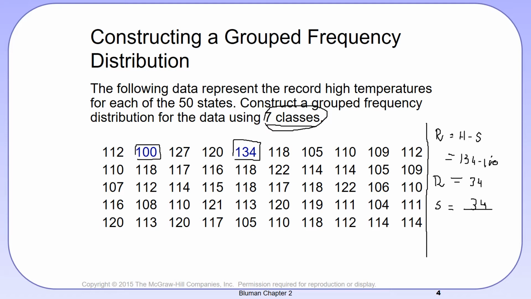Here we have 7 classes, so the range is divided by 7. Size of the class is 34 divided by 7, so the answer will become 4.8 something, but after rounding, the size of the class becomes 5.